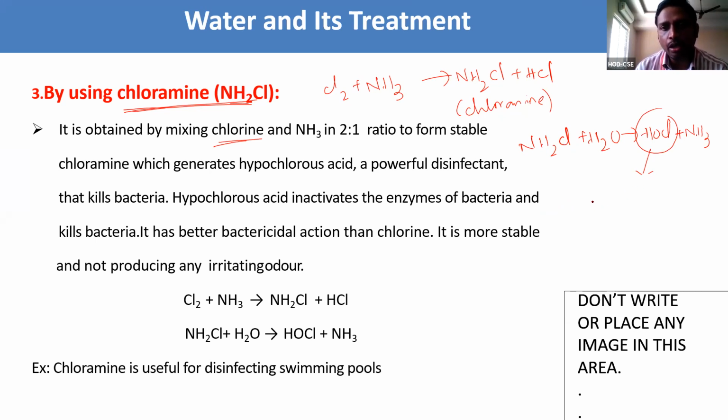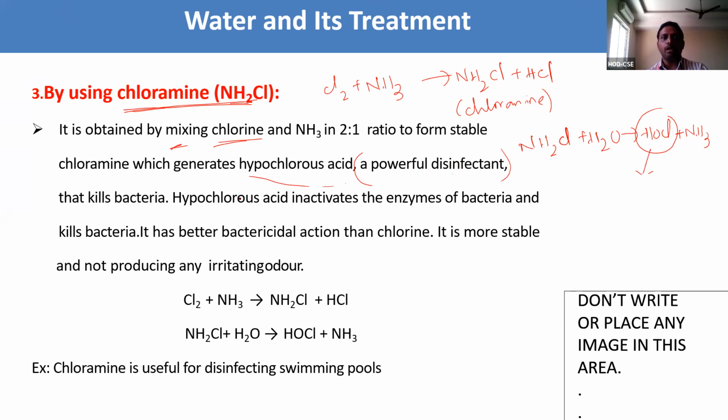It is obtained by mixing chlorine and ammonia in a 2:1 ratio to form a stable chloramine, which generates hypochlorous acid. It kills the pathogenic or harmful bacteria present in the water.